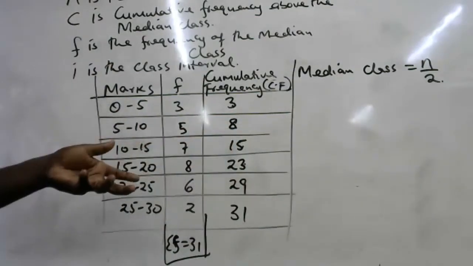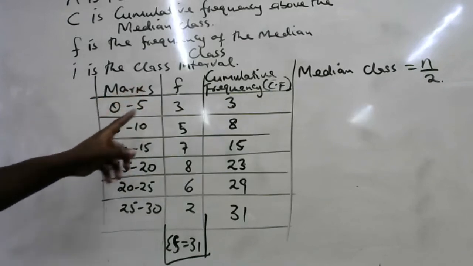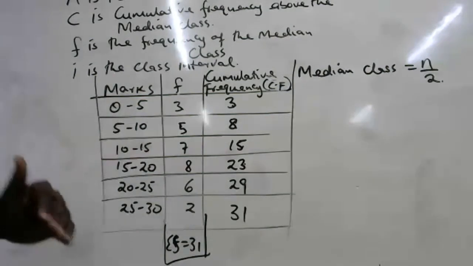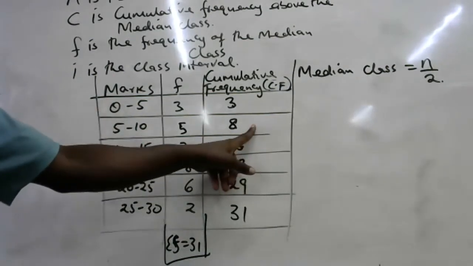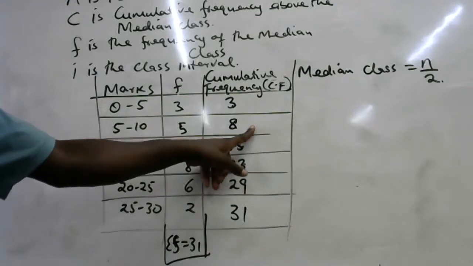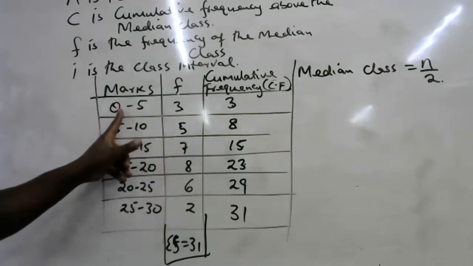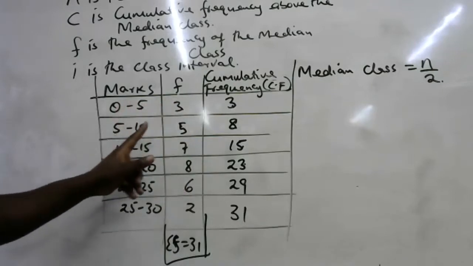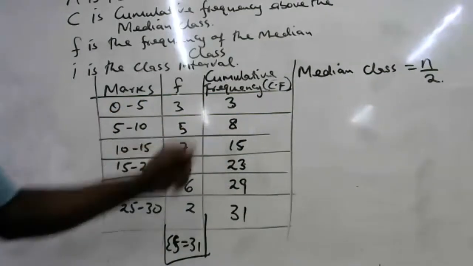So in simple terms, because we have those who scored between 0 and 5 and between 5 and 10, we mean that those who scored between 0 and 10 are 8 students. So the 8 here represents the 3 and this 5. From 0 up to 10, we have 8 students.